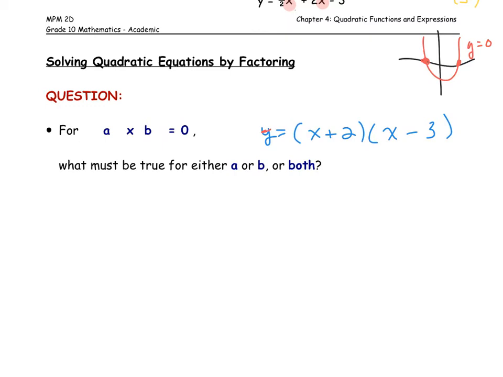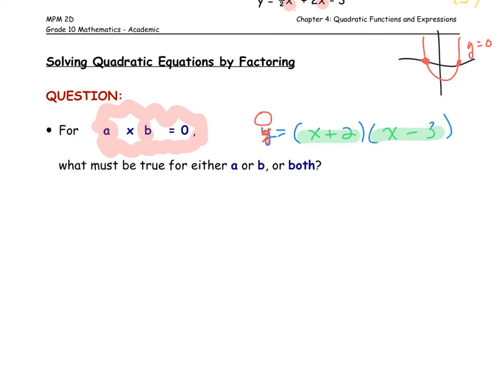So I have to go therefore and say, okay, well 0 therefore has to be equal to x plus 2 times x minus 3. Well, same as with a times b equals 0, where one of either a or b has to be 0, in the same situation where I have a factored form of the quadratic function, I know that either x plus 2 has to be 0 or x minus 3 has to be 0.